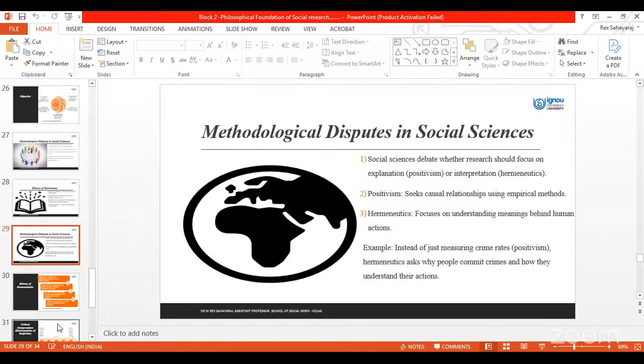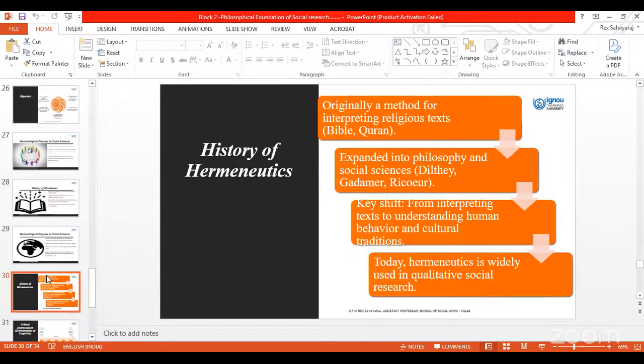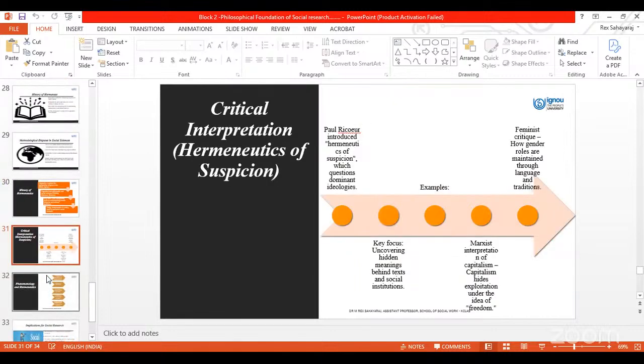Methodological disputes in social sciences: social science debates whether research should focus on explanation, that is positivism, or interpretation. We have seen the history of hermeneutics, and critical interpretation is the hermeneutics of suspicion.